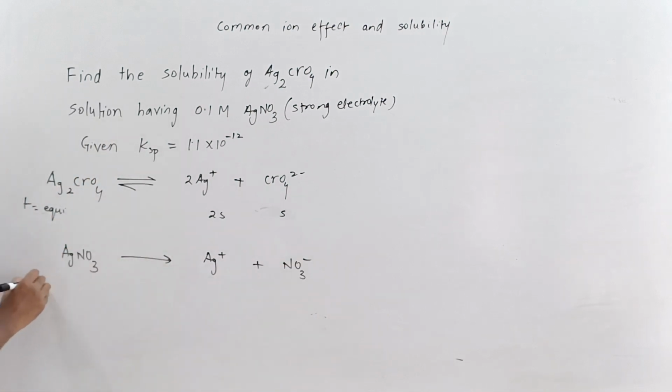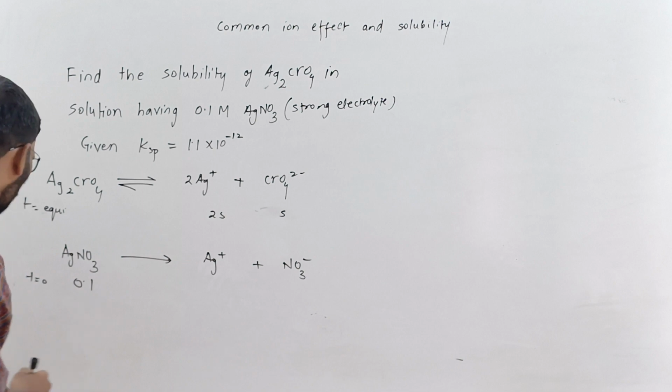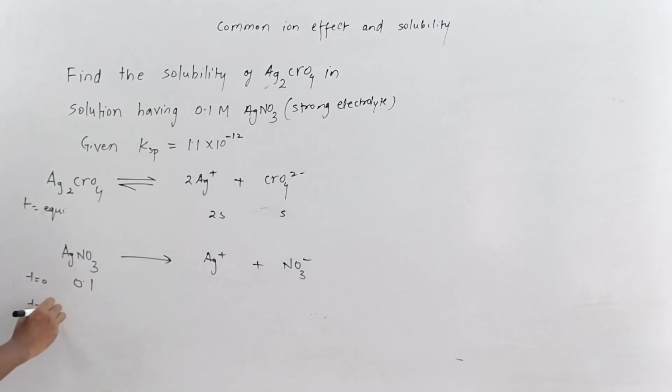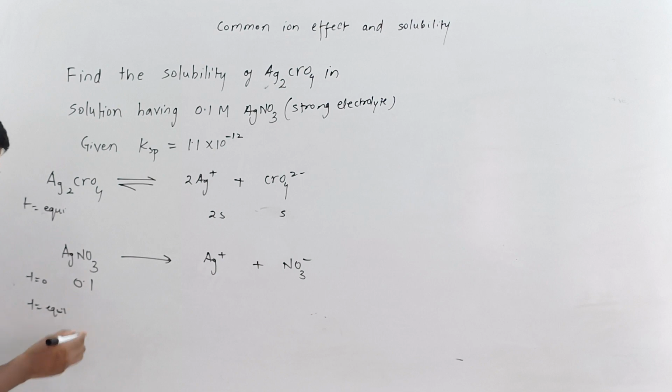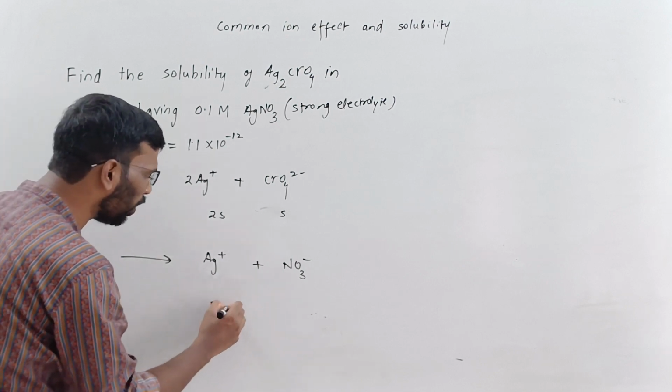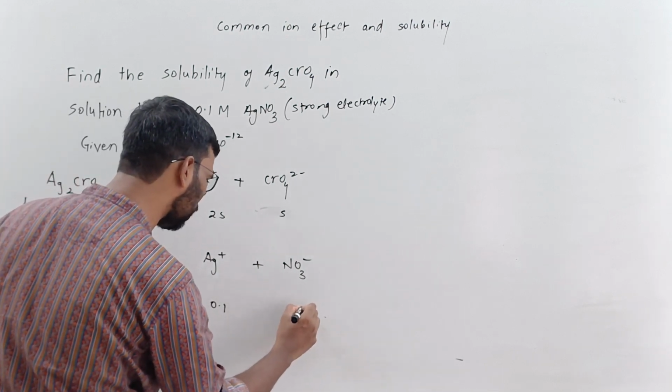At time t equal to 0, the concentration is 0.1 molar. There won't be any equilibrium existing over here, but still I'll write equilibrium, or infinity, the maximum time required for the dissociation. So at that time this will be 0, and this is 0.1 and this is 0.1.